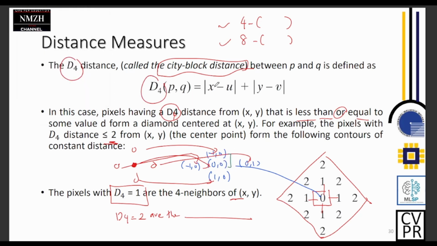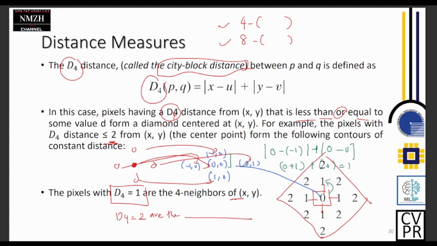X minus U is 0 minus 1, plus 0 minus 0. So 1 plus 0, which is 1. That relates to this one.